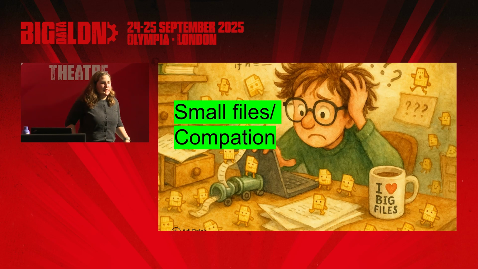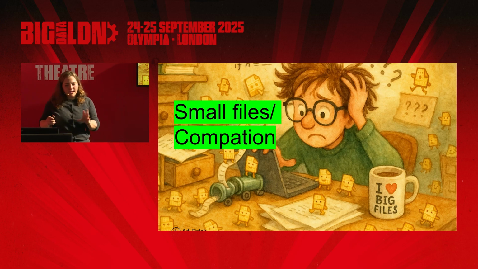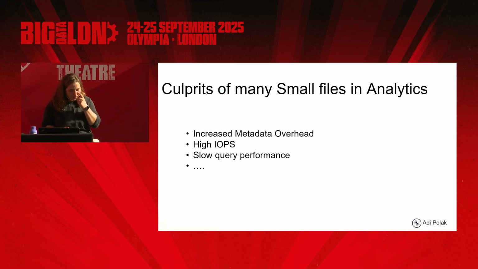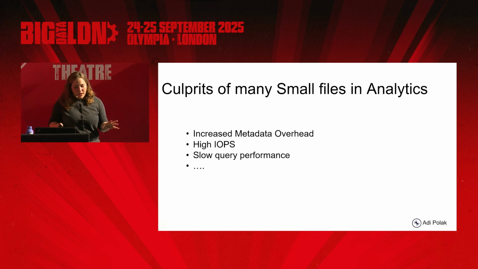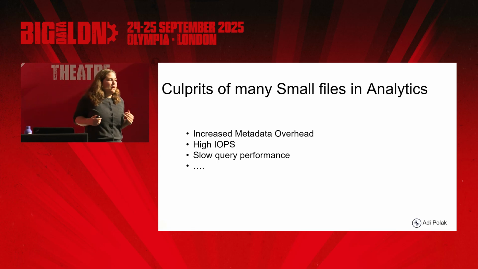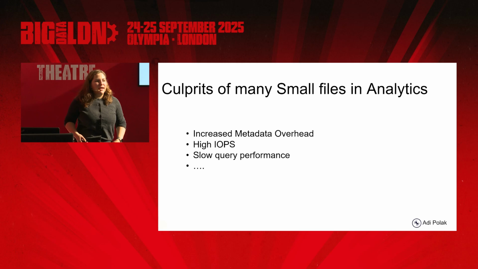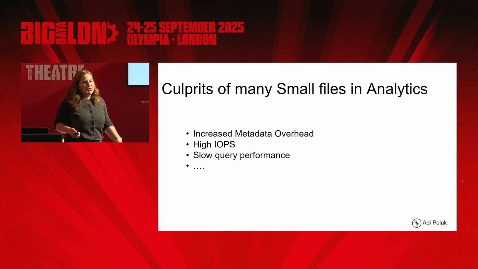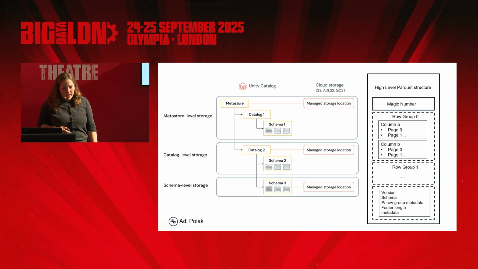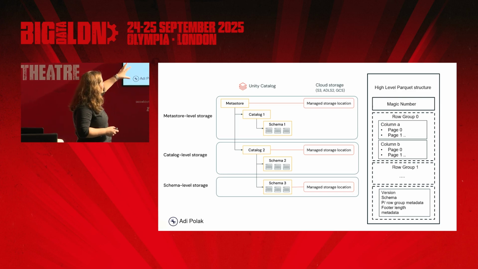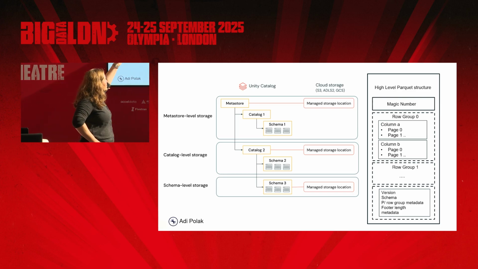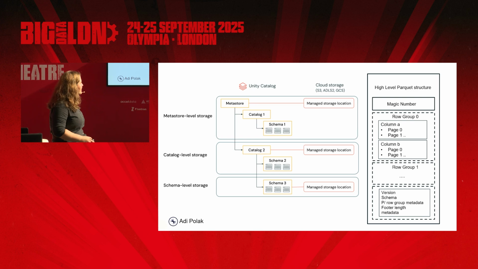So we talked about consistency, and we talked about schema evolution. We're going to talk a little bit about small file compaction. There's a lot of problems around small files in the analytics world. Essentially, every time I want to do a read, it's going to take me longer because of I/O access. That's physics and the nature of things. If we dive into, for example, Unity Catalog, you can see how it breaks down between the metastore, the catalog, the schema and so on.